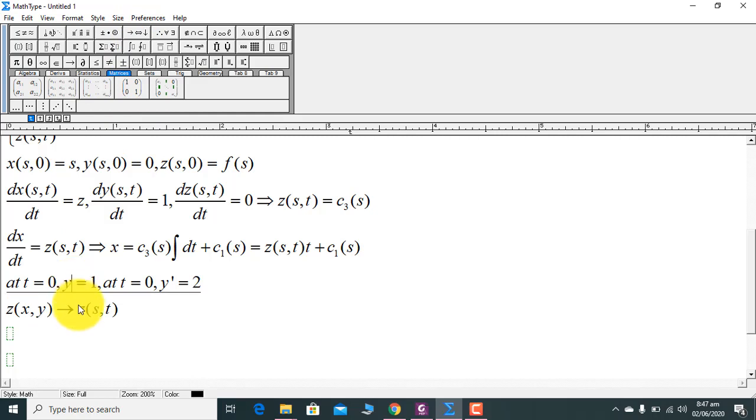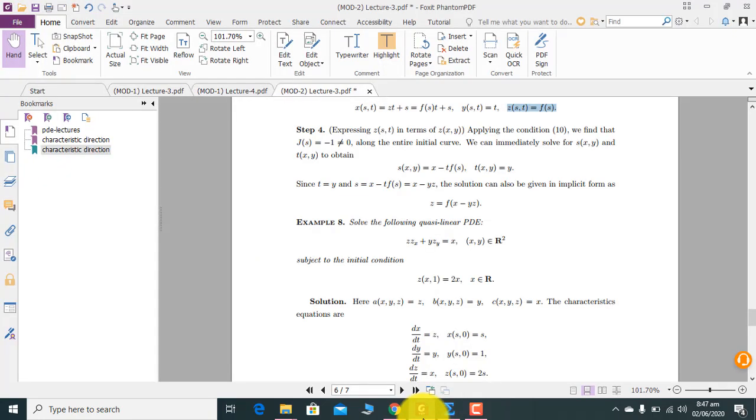This is the main problem in mathematics, that you must know that there is a rule from which you can go back. So can you go back? The answer is yes, you can go back from z in terms of s, t to z in terms of x, y if you can eliminate the variables s and t. So how can you eliminate?